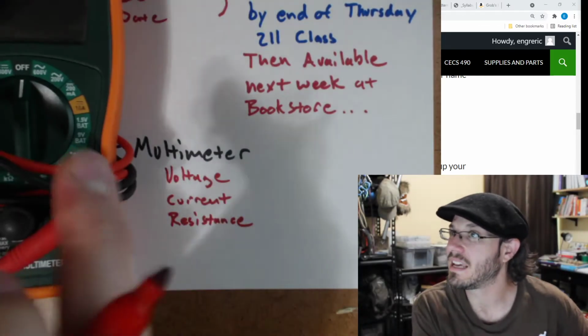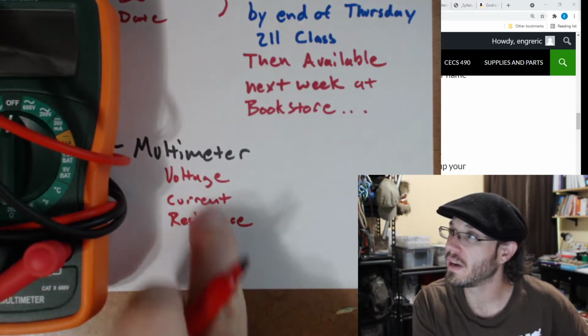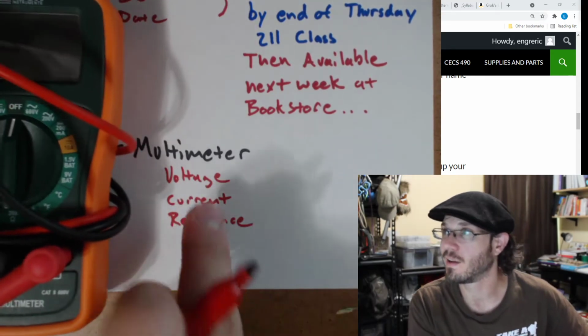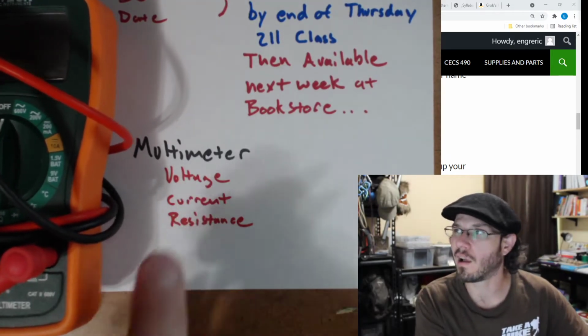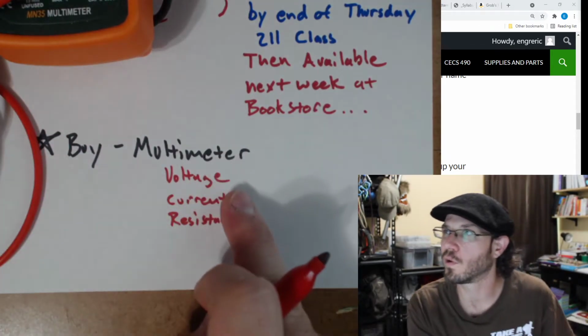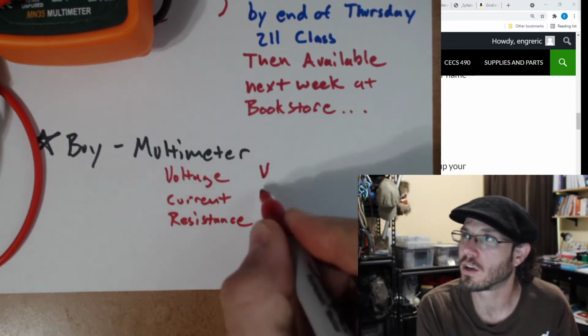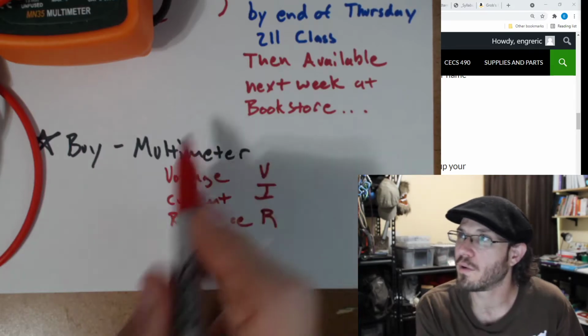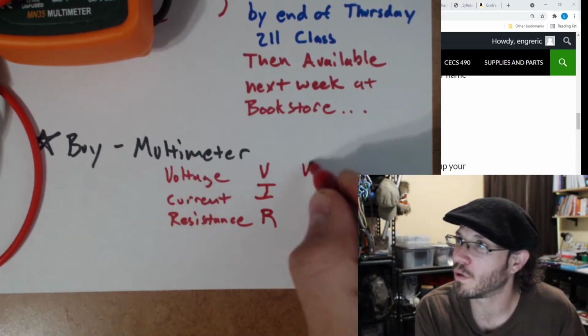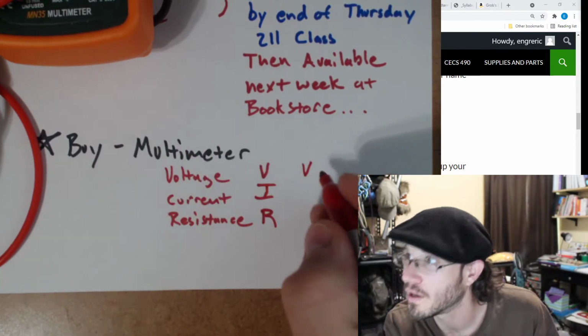This little guy has the ability to measure all three of these quantities. And we're going to learn about these quantities, and we're going to be looking at them all semester long. Voltage, V, current, I, and resistance, R. If we are measuring voltage, we have what's called a meter of volts, or a voltmeter.